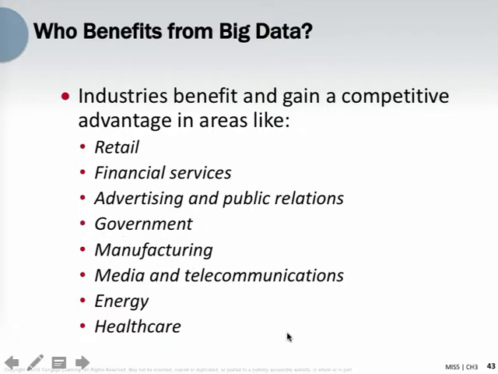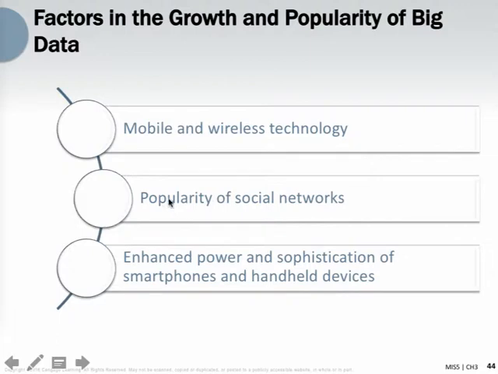The last thing to think of, big data is really compelled by a couple key places: mobile and wireless technology, being able to get data into the system irrespective of where we are. The popularity of social networks. And this is where we're creating gobs of data, just being social with one another, but the companies are hanging on to what we say and using it to understand what's going on.